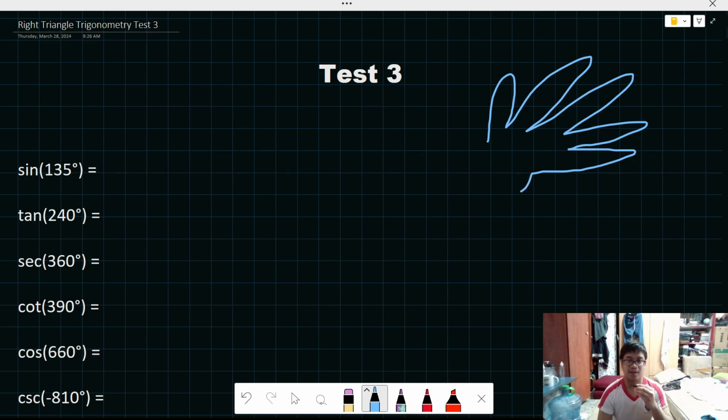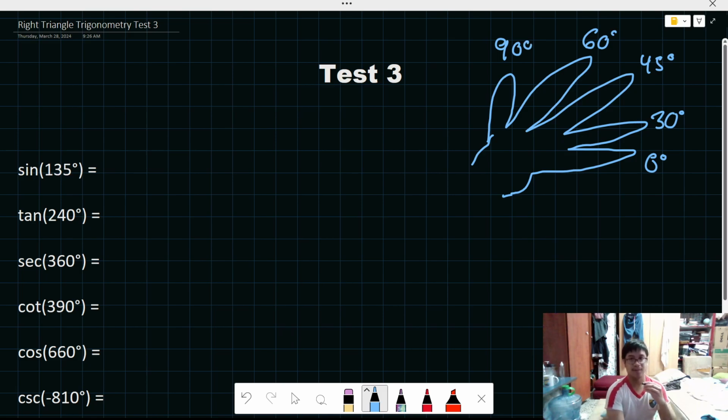That's the palm. Now imagine these fingers represent special angles. We will start from 0 degrees at the pinky. On the ring finger, 30 degrees. The middle finger will have 45 degrees. The forefinger, 60 degrees. And the thumb will have 90 degrees.